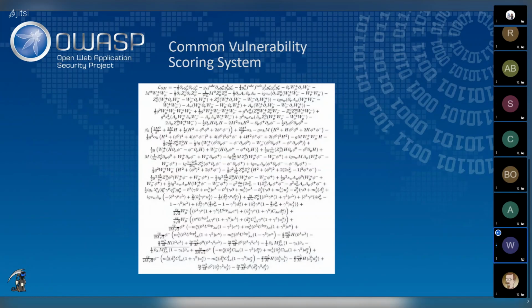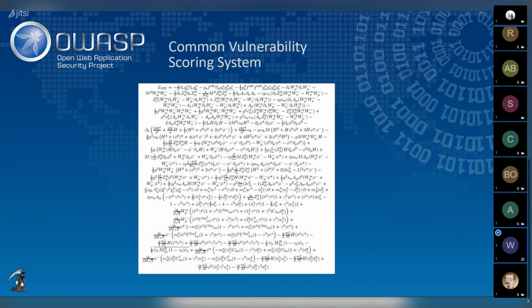It takes predefined weights for the value of each factor, and those factors are things like what kind of access is required. Do you need physical access to the device that runs your application, or access to a network where the application is running, or can it be exploited remotely? How easy is it to exploit? What level of authentication is required?